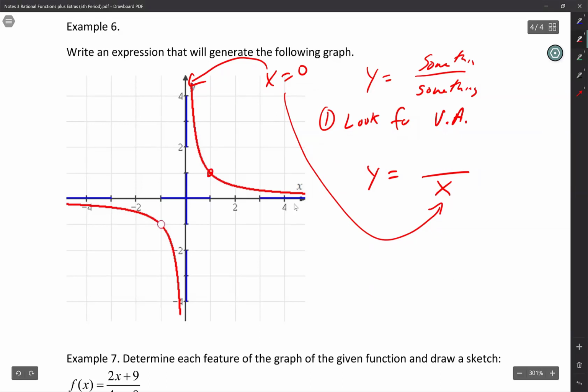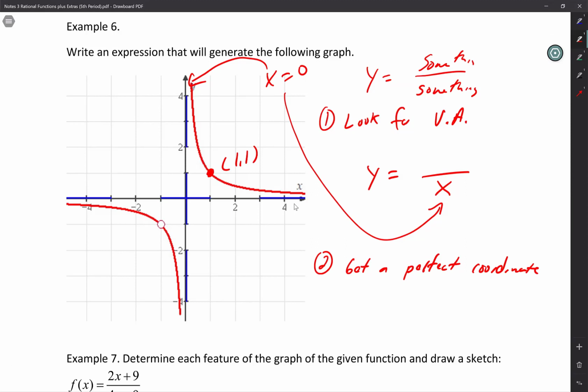Next, number 2. Get a perfect coordinate. I see that I have a coordinate at 1, 1. So what I want is the y value to be 1 when x is 1. So I know that in the numerator, I have to have a 1. Because 1 divided by 1 is 1.